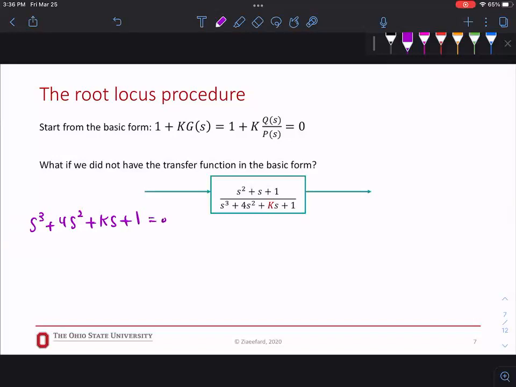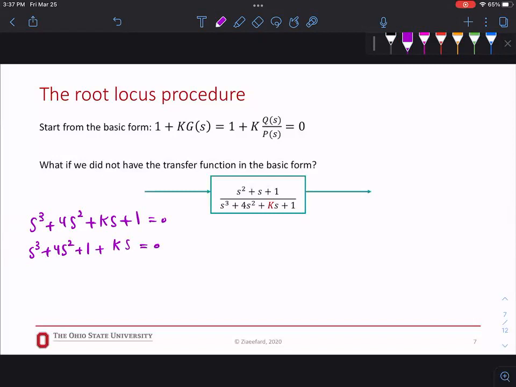Equal to 0. I'm going to put all the terms that don't have k next to each other, and all the ones that have k after that. So I'm going to write s cubed plus 4s squared plus 1 plus ks equal to 0.